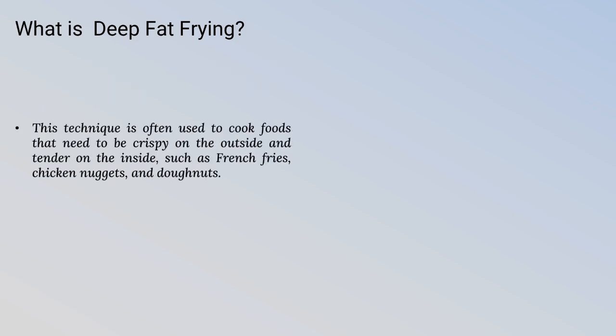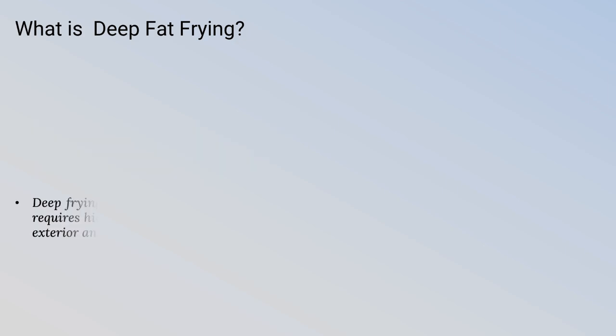This technique is often used to cook foods that need to be crispy on the outside and tender on the inside, such as French fries, chicken nuggets, and donuts. French fries will be very common to all of you. Many of you have experienced that they are crispy from outside, and from inside soft but well cooked. That is the advantage of deep fat frying.